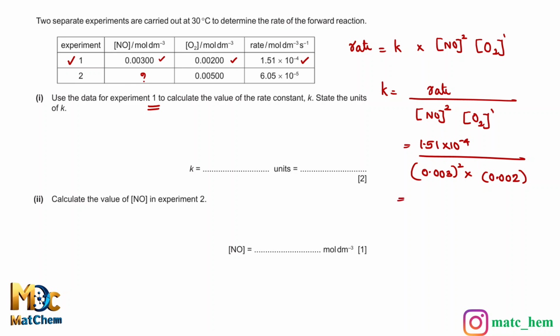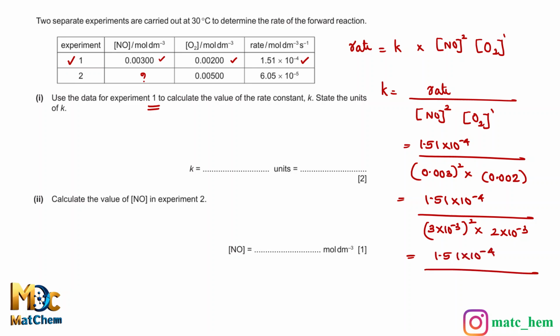If you simplify it, you can write it as 1.51 into 10 raised to minus 4 divided by 3 into 10 raised to minus 3, the whole squared, into 2 into 10 raised to minus 3. This can be written as 1.51 into 10 raised to minus 4 divided by 9 into 10 raised to minus 6, into 2 into 10 raised to minus 3.